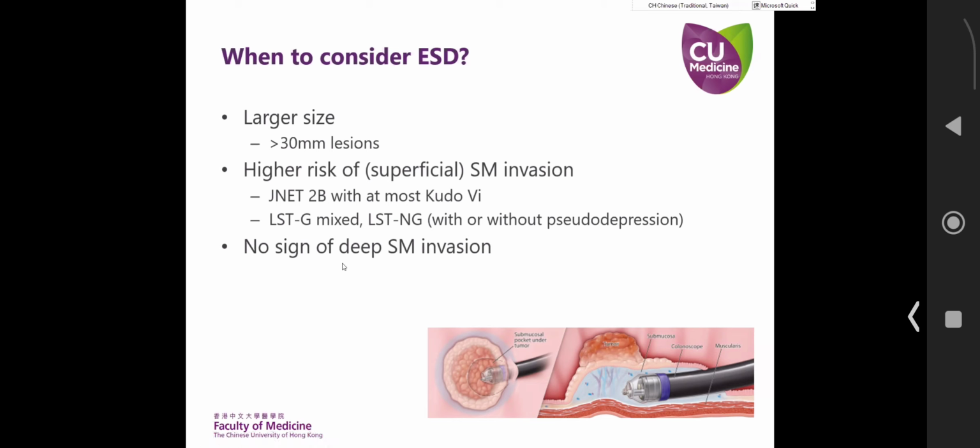And of course, you need to make sure there is no sign of deep invasion as well. So ESD should be done in these cases, larger size and supposedly deeper lesions.